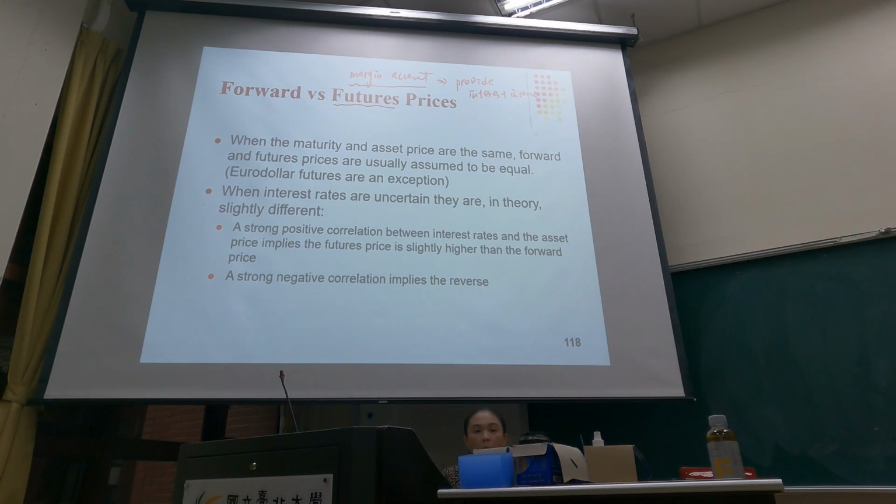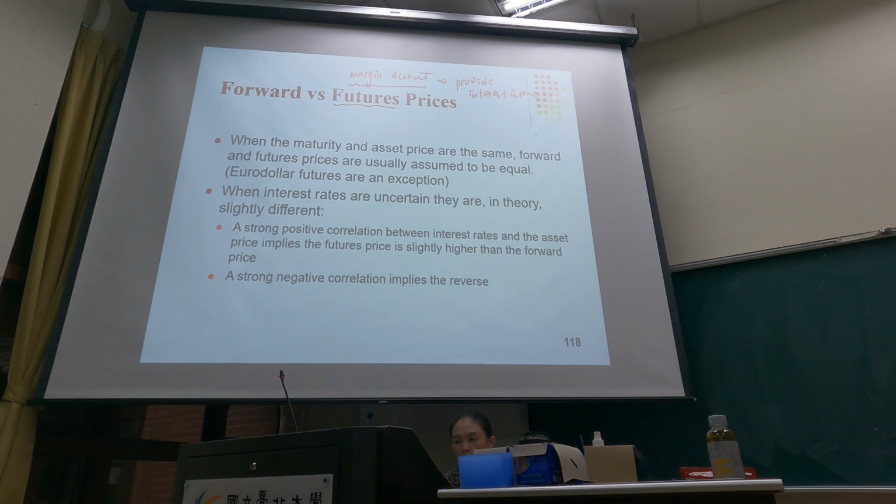Okay, so when the interest rate is going up, you earn more money in your futures contract, so it becomes more valuable compared with the forward, because forward doesn't earn interest rate for you. You guys follow me? Okay, take a look at the description here.